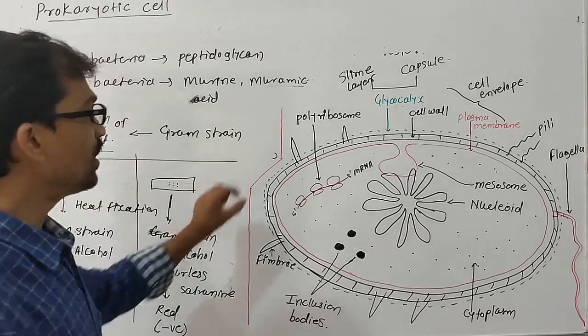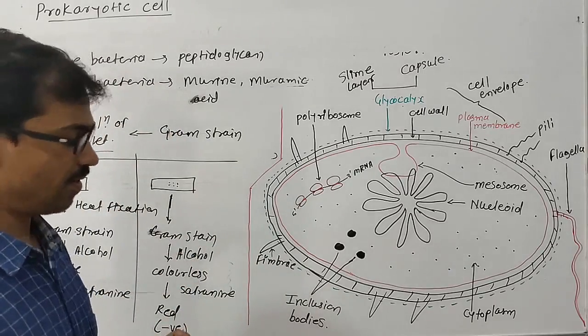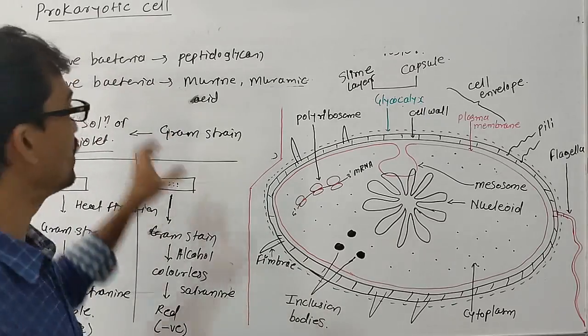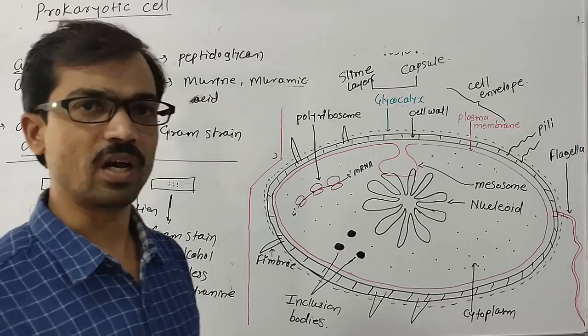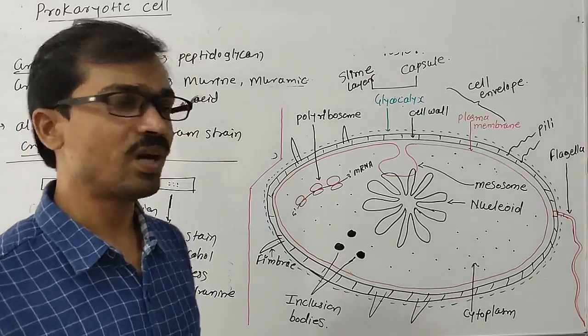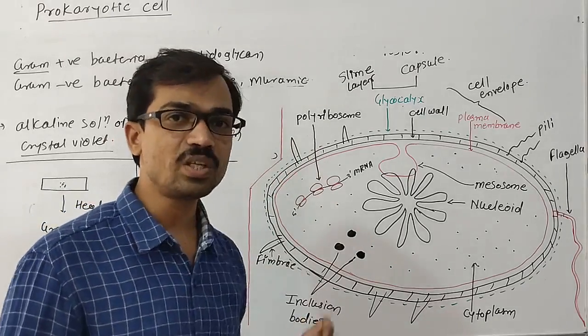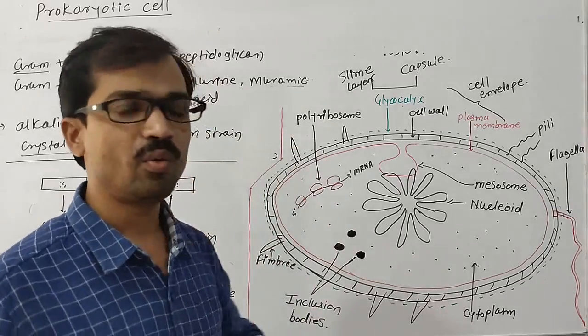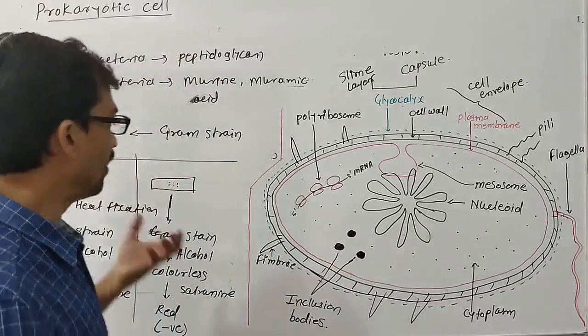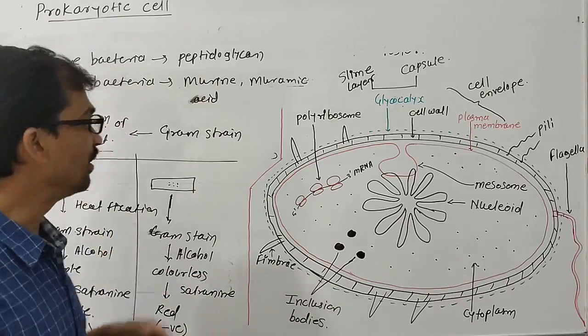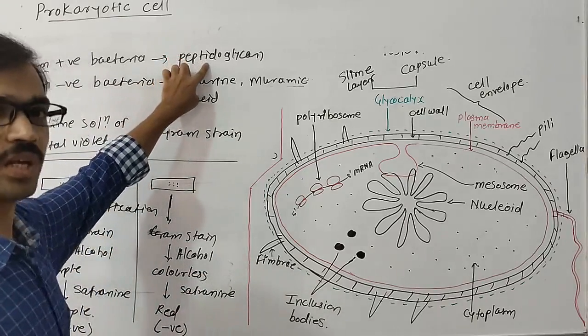Okay, so based on the staining process we say bacteria as gram positive or gram negative. But what is that chemical component in the cell or cell wall which is responsible for retaining the gram stain? That component is basically peptidoglycan.